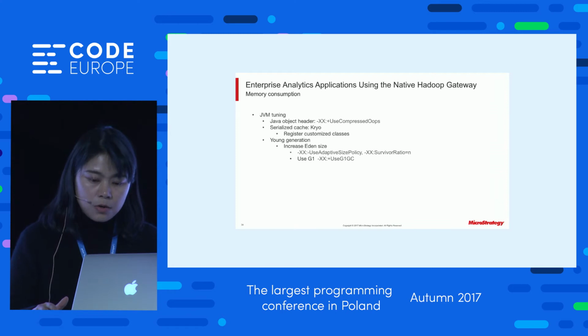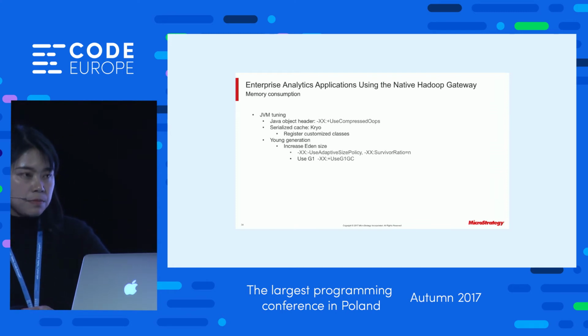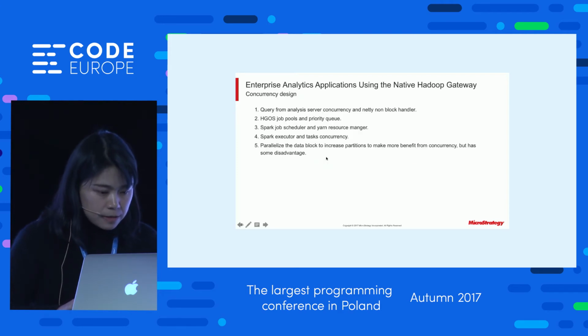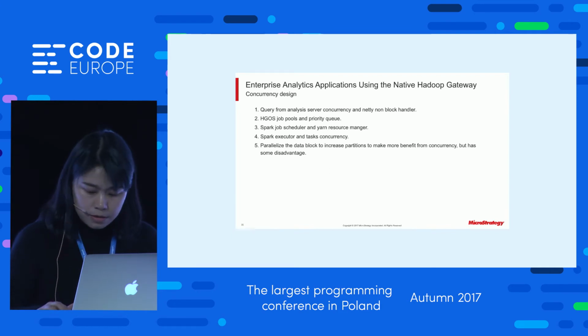The goal of GC tuning in Spark is to ensure that the long-lived RDDs go to the older generations, and the short-lived RDDs stay in the young generation and get minor GC quickly. So first, we set the JVM to compress the Java object header, then we use a better serialization registrar, and then we increase the young generation size.